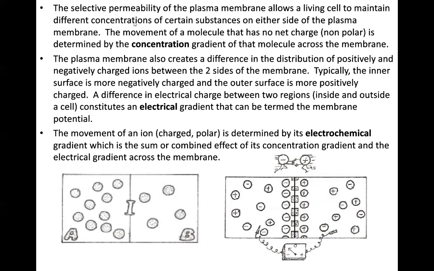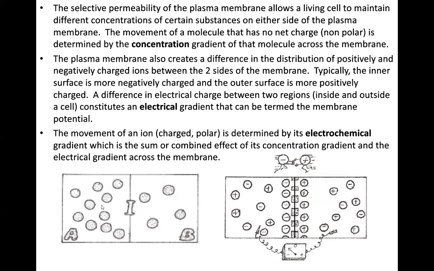The selective permeability of the plasma membrane allows a living cell to maintain different concentrations of certain substances on either side of the plasma membrane. In other words, and you can see an illustration of it here at the bottom of the page, we represent in box A on the left, maybe this is outside the cell, B over here, this is inside the cell, and the line here represents the plasma membrane.